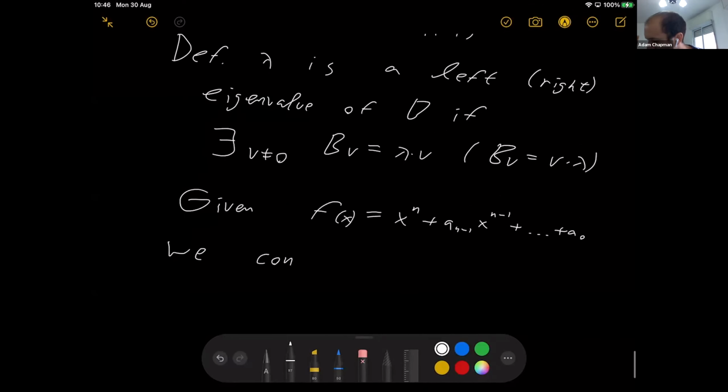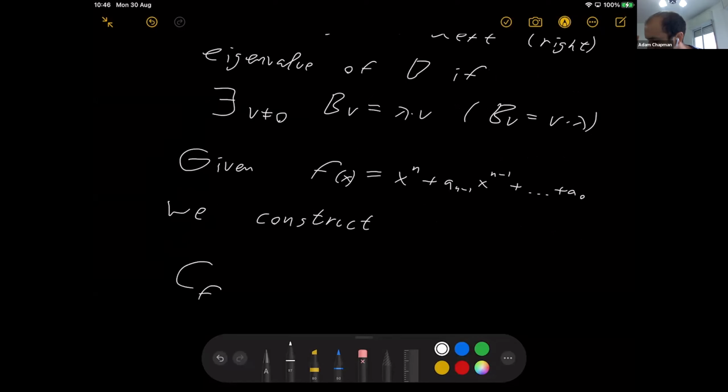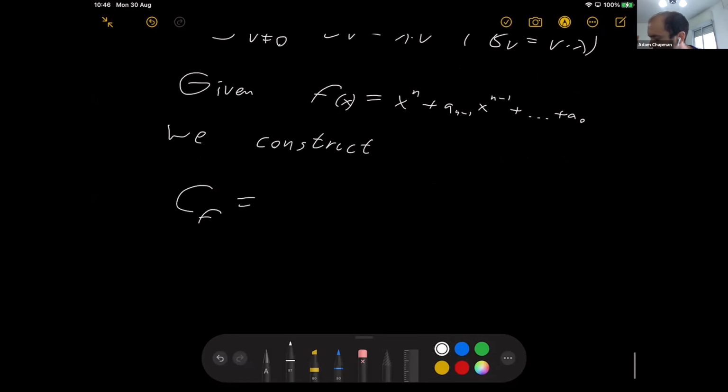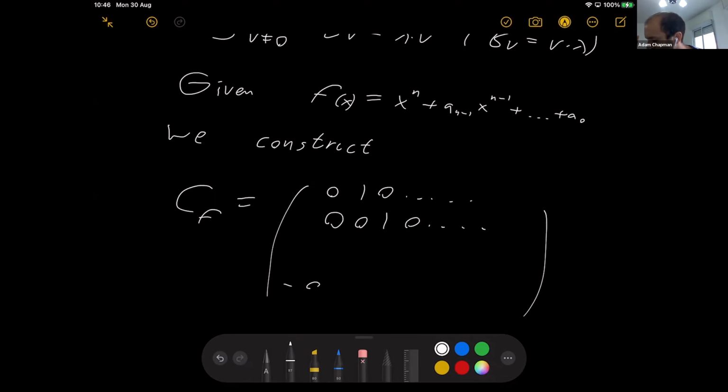We construct the companion matrix, CF without an x, which is defined in the usual way. So it's the companion matrix as you would define it for fields. So you have 0, 1, 0, 0, 0, 1, 0, and so on. And at the bottom you have negative A0, negative A1, all the way up to negative a n minus 1. So this is an n by n matrix over the Octonion algebra.